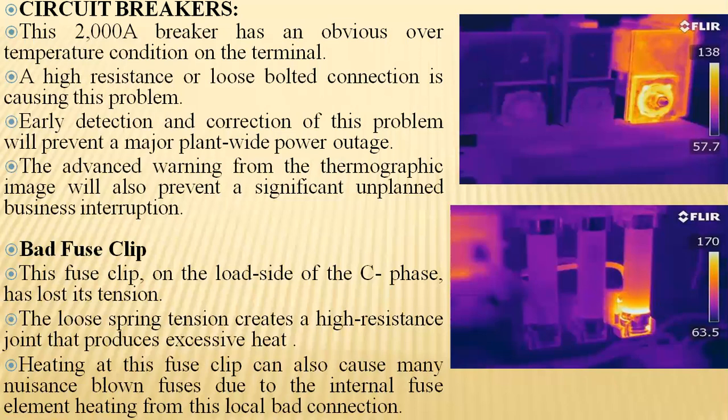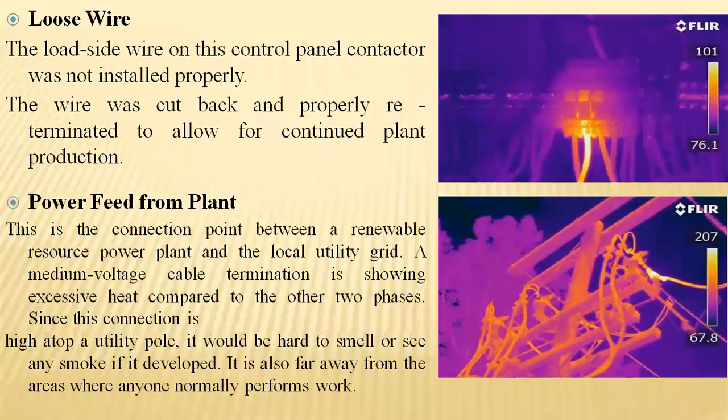Normally, this high resistance leads to the production of excessive heat, and even causes a blown fuse due to internal fuse element heating and a bad local connection. Loose wires also cause MCB tripping.